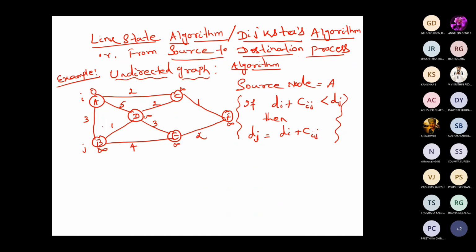So let's make the table. How many nodes are available in the network? The first one is A, B, C, D and E. We have to write all the points, and F. Guys, I need another page.